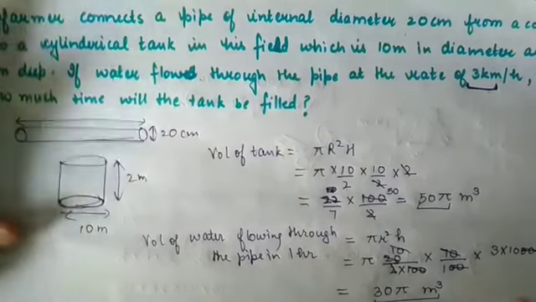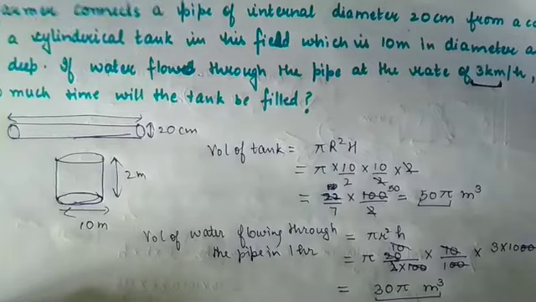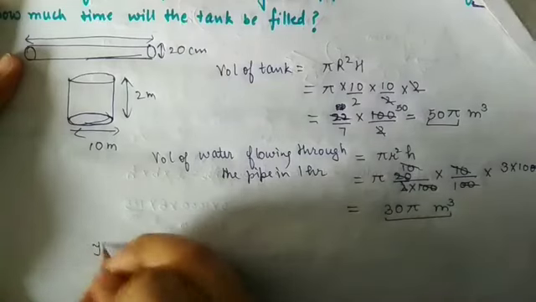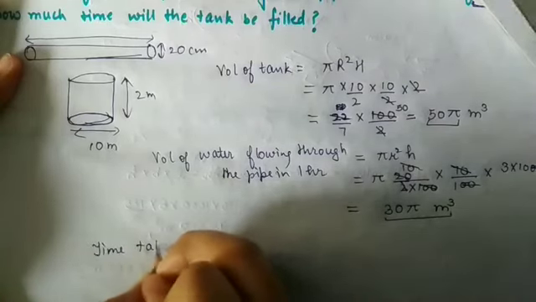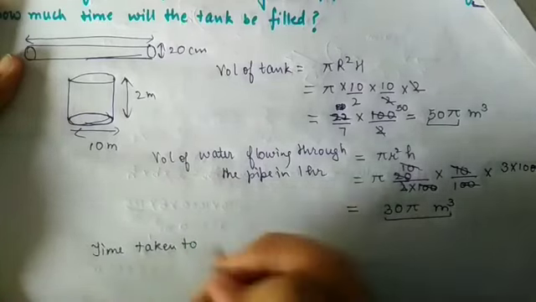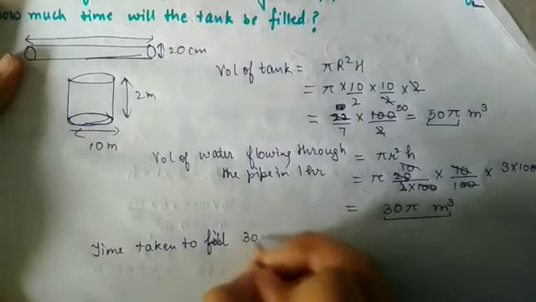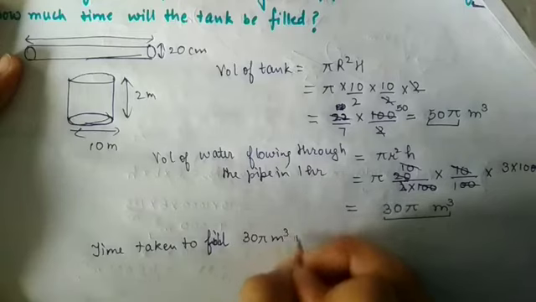Okay, now what you will do, you have to find the time that would be taken in order to fill the tank. So you say that the time taken to fill 30 pi meter cube in tank.